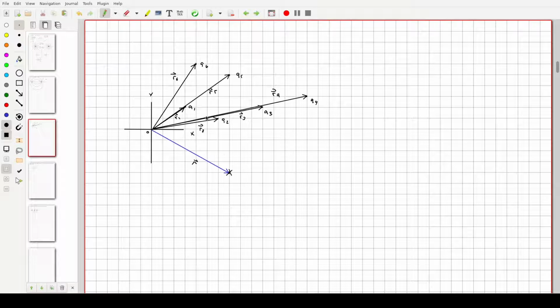Well, okay, so let's just think about one of the charges. I'll look at Q1. So, for example, if I were looking at Q1, this right here would be the origin of my coordinate system. Q1 sits maybe somewhere over here. The point in space that I'm interested in sits over here somewhere. So this right here is R1.